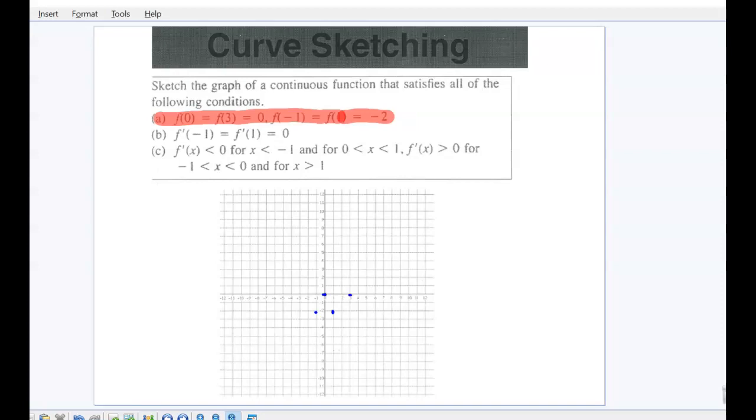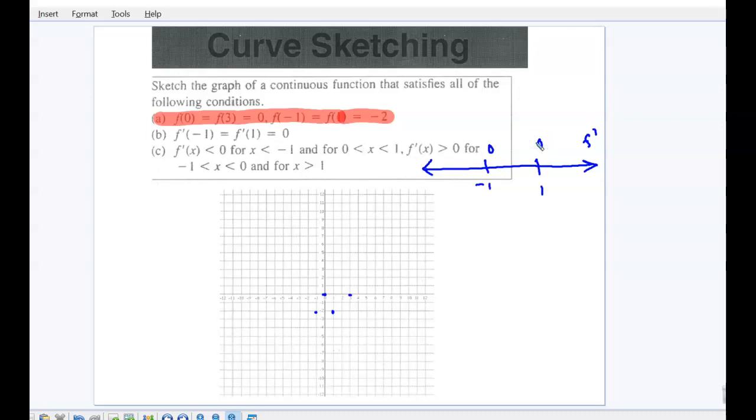So if we make ourselves a little first derivative number line, so this is f prime. I know that at -1 the derivative is 0, and at +1 the derivative is 0.